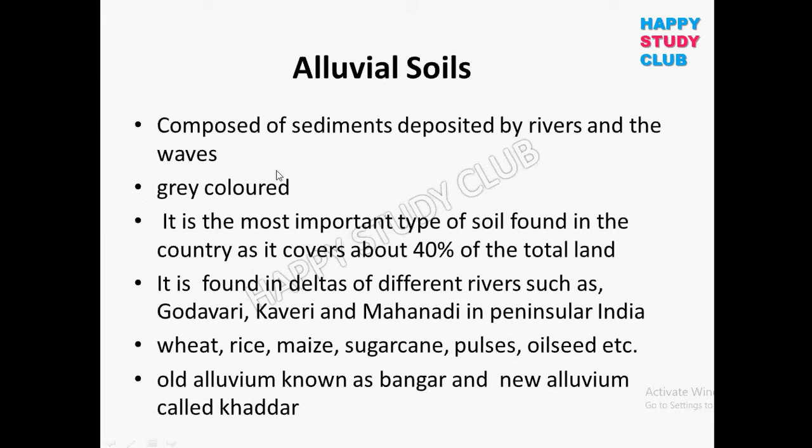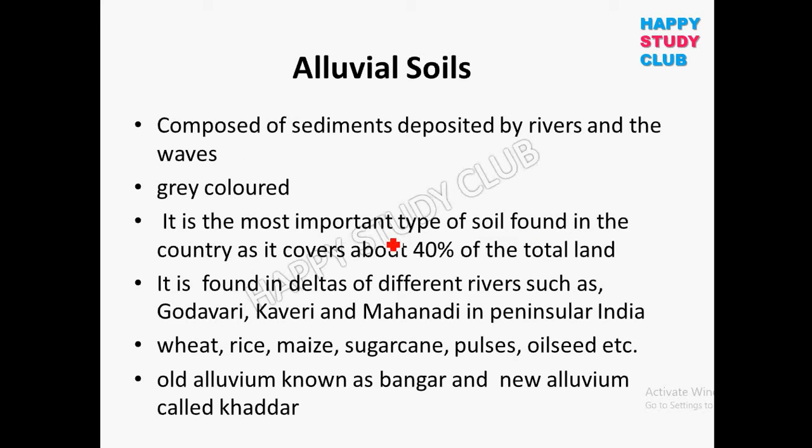Alluvial soil is composed of sediments deposited by rivers and waves. As I told you earlier, alluvial soils are formed by the sediments of rivers, the remains of rivers, and they are grey colored.